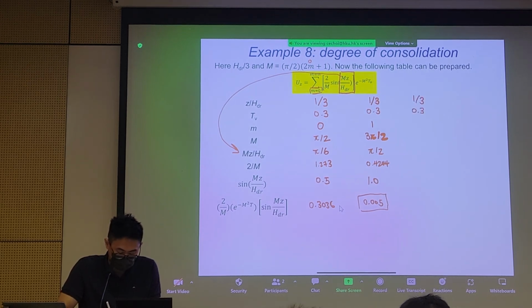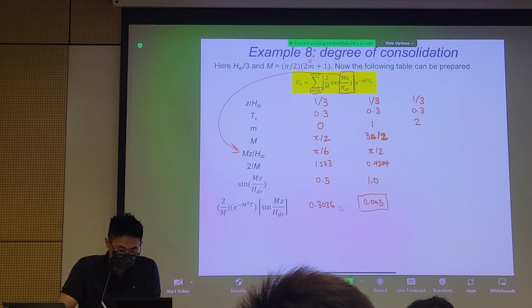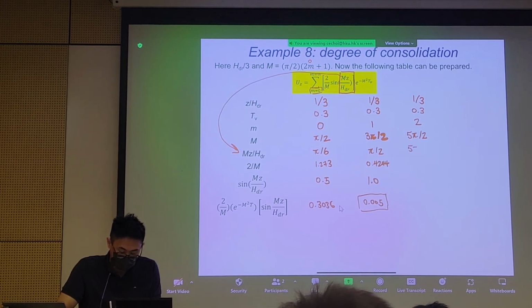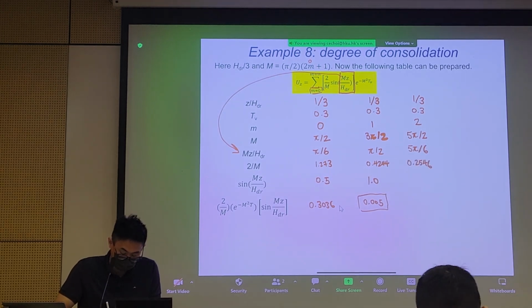The time factor is this again, and the next integer is 2. So we know that large M would be 5 pi over 2, and then you have 5 pi over 6, 0.2546, 0.5, and you're pretty much there. You're at 0.